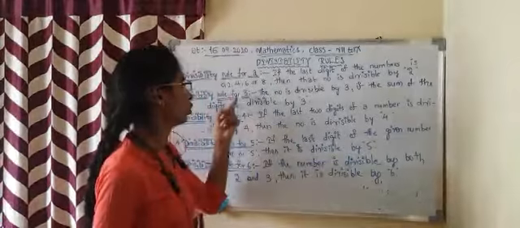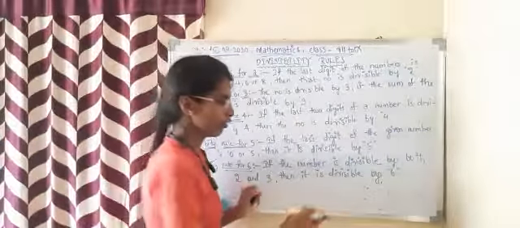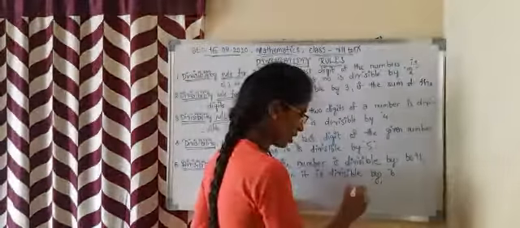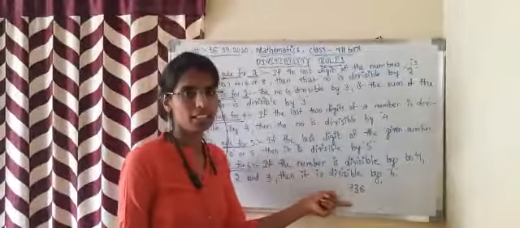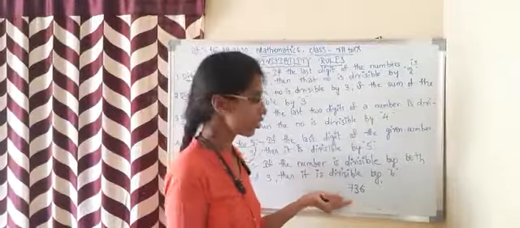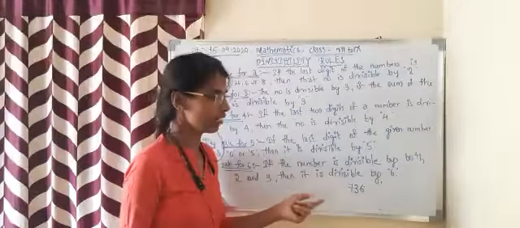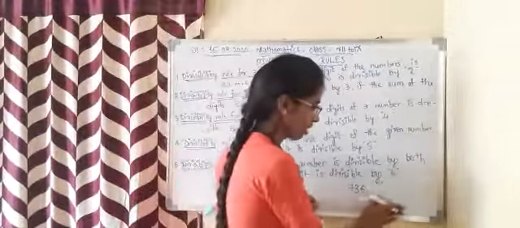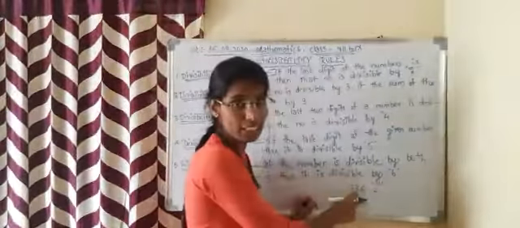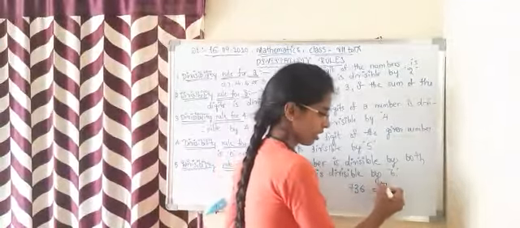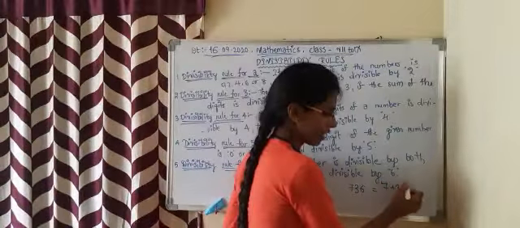Now, the divisibility rule for 3. If any number, say 736, is given, whether it is divisible by 3 or not, instead of doing the actual division method, what we have to do is take the sum of the digits, that is 7 plus 3 plus 6.